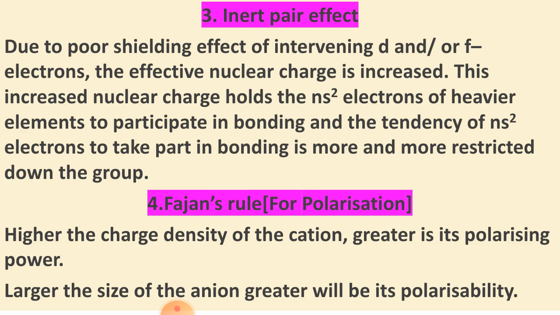Now students, after knowing this rule, you can find that polarization is directly proportional to the covalent character of an ionic compound. That means if one question arises, that is NaCl and KCl, out of both which is more ionic or which is more covalent.